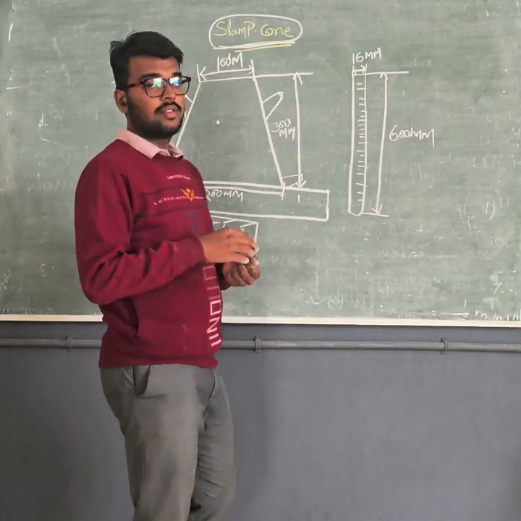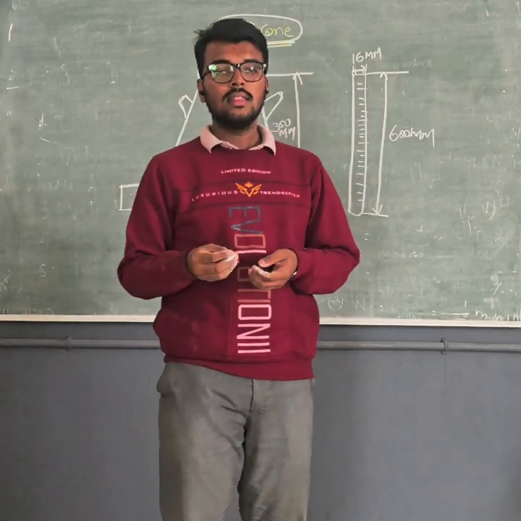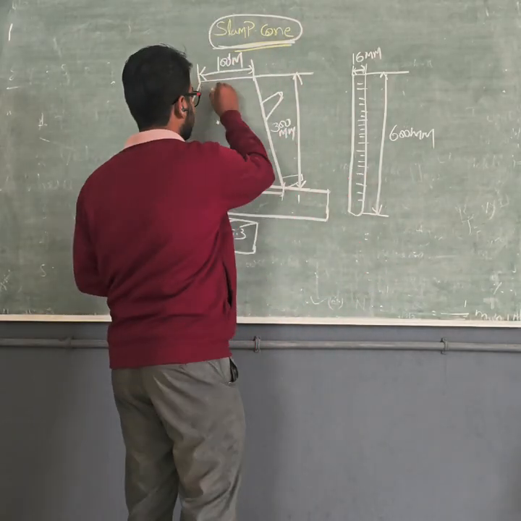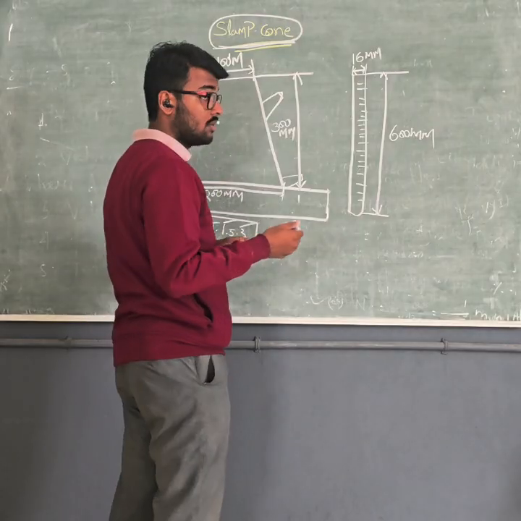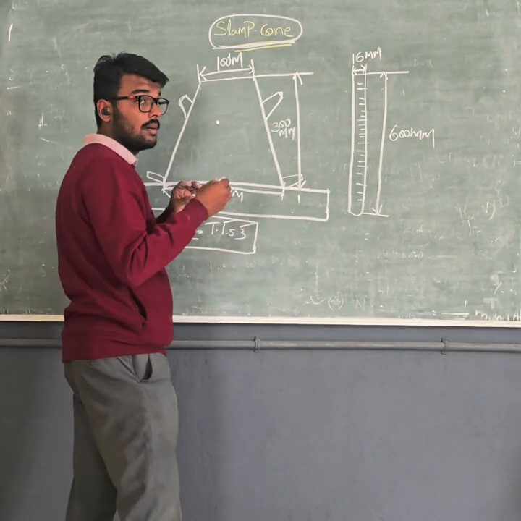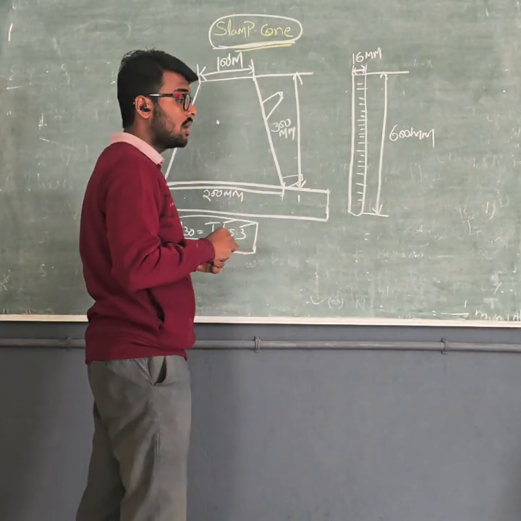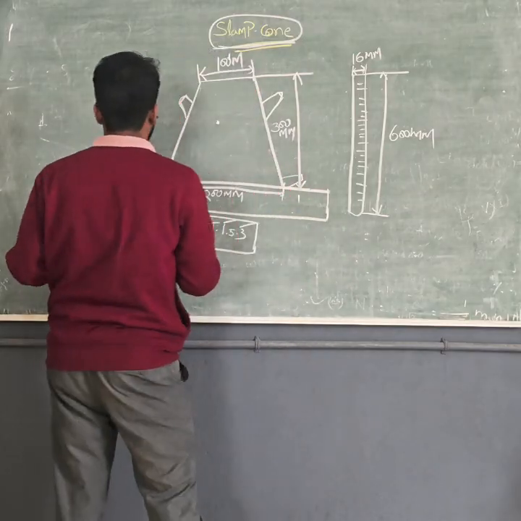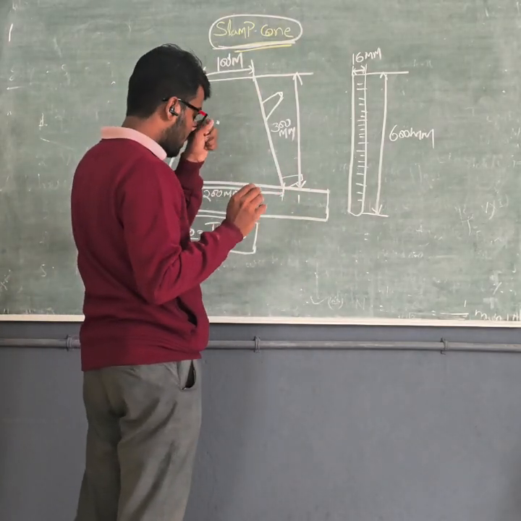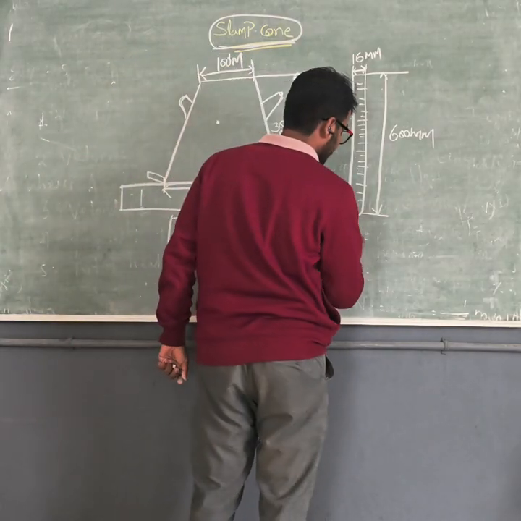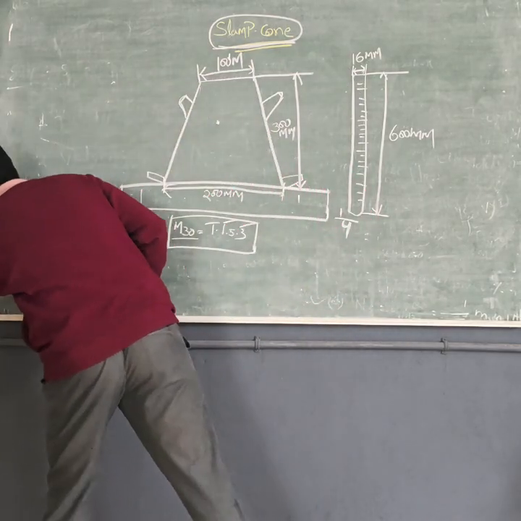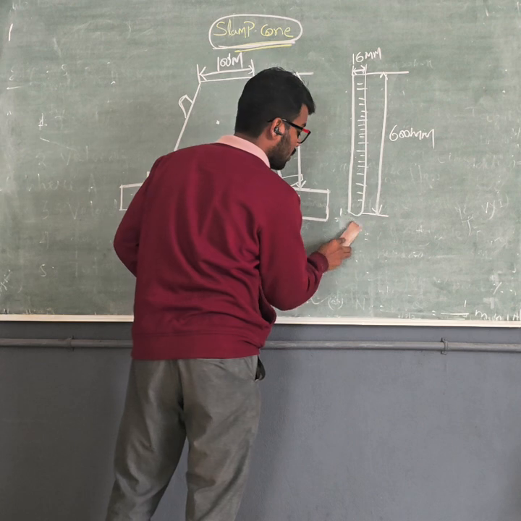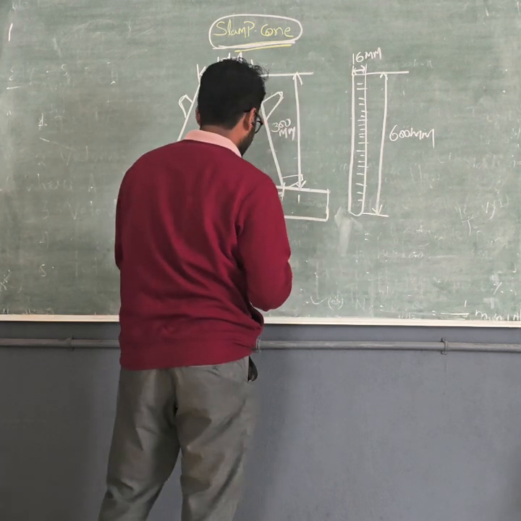Now let's proceed. After mixing the concrete, we have to clean the slump cone and the floor properly. After cleaning, we have to pour the concrete into the mold. We have to pour the concrete in four layers.